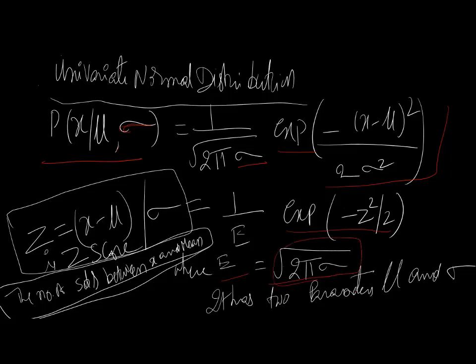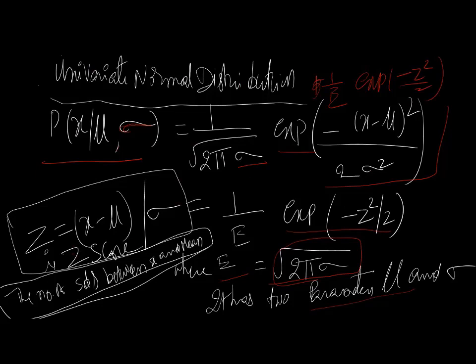It has two parameters. Now you can write the univariate normal distribution as 1 by A into exp of minus z square by 2.